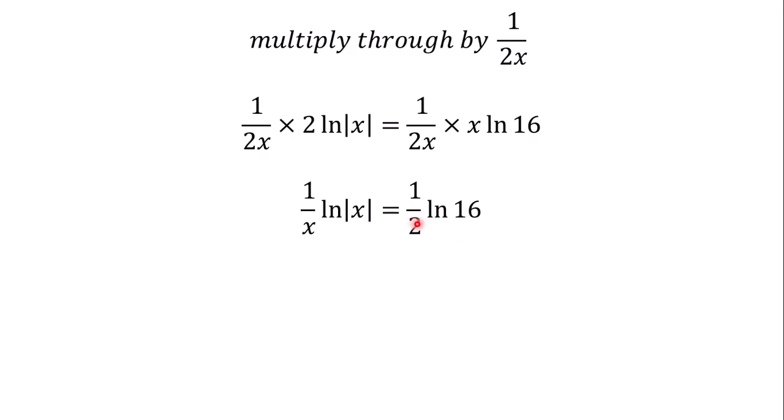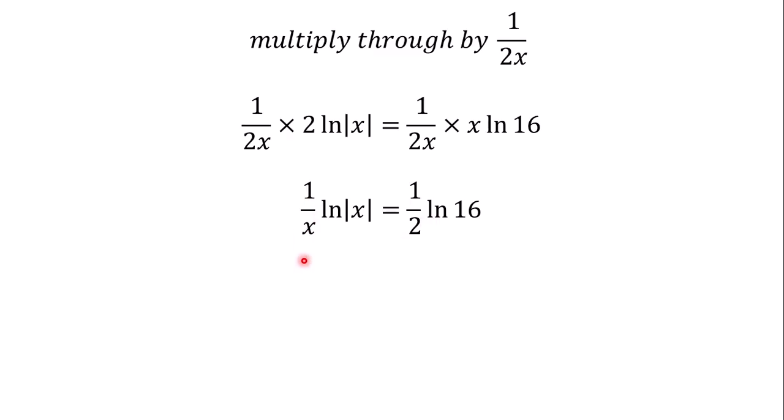We are just going to bring this one to this side, and when we bring it to this side, it's just going to be the square root of 16, and that will give us what? 4, or 16 raised to the power 1/2. Using indices, you're just going to get the same answer. All right, good.